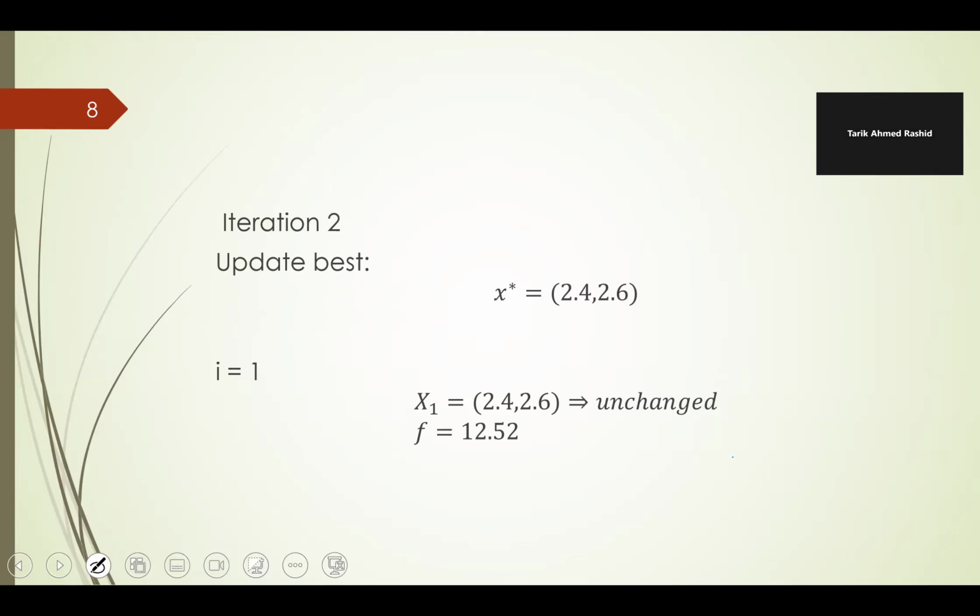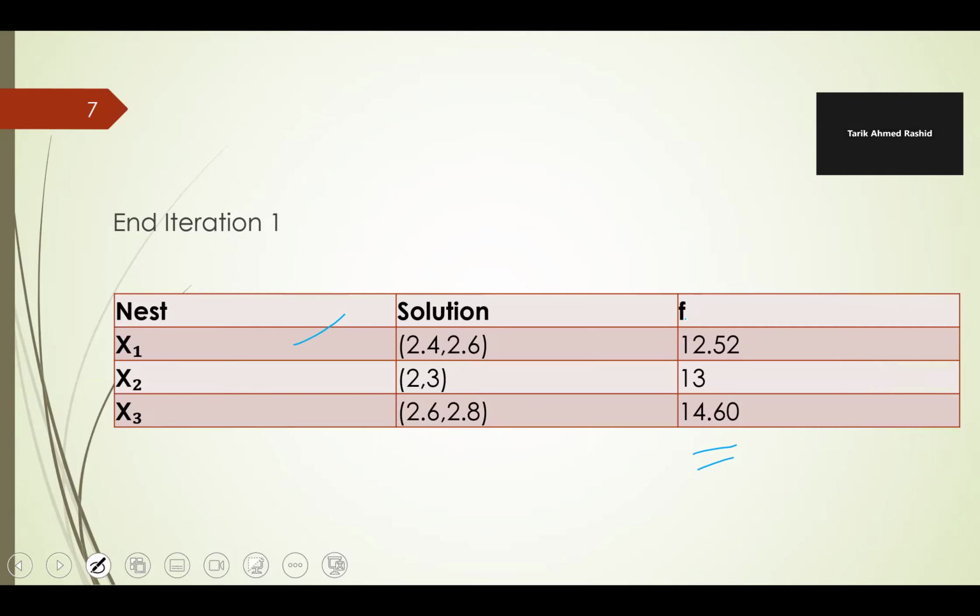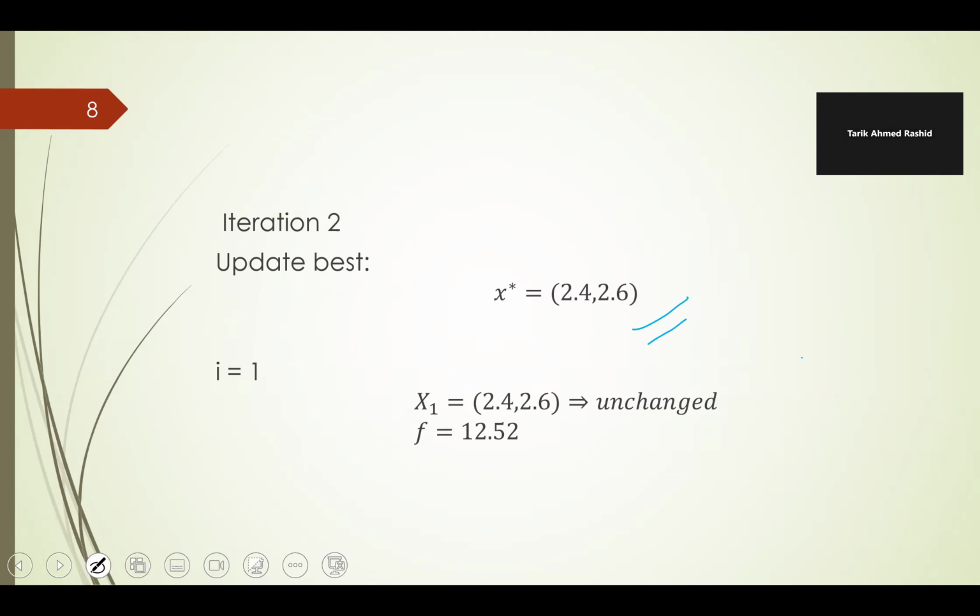Now we keep the best solution, 2.4 by 2.6. So in iteration 2, this is the best solution now. It has been changed. So 2.4 and 2.6, x1 and x2, that's the best fitness that we have. So we keep that fitness.